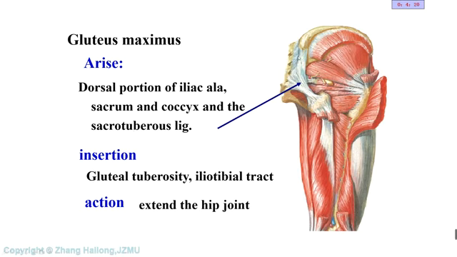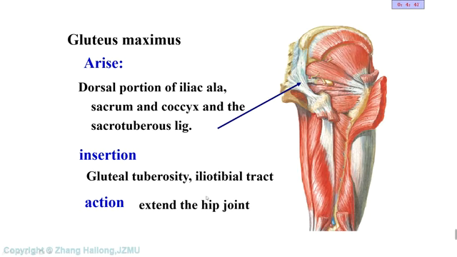Okay, here is the origin. Then this muscle will go downward and laterally. Finally, it will end on the gluteal tuberosity, and another insertion is in the iliotibial tract, on the lateral side of the femur.